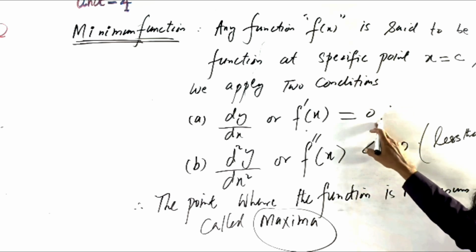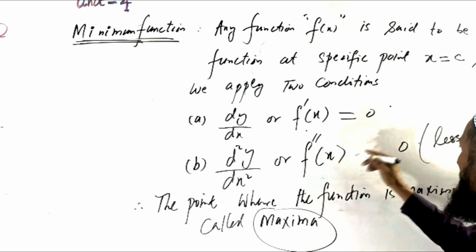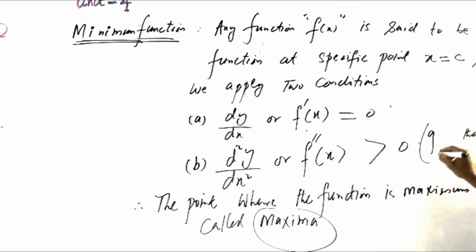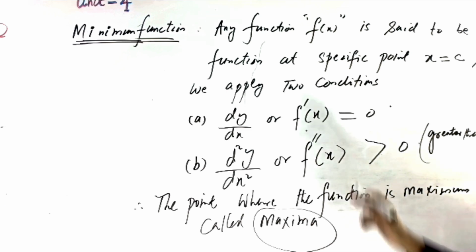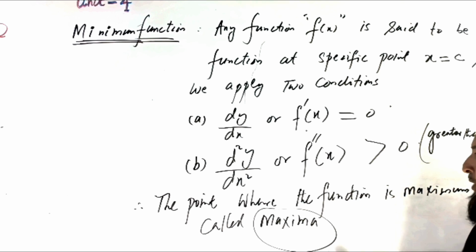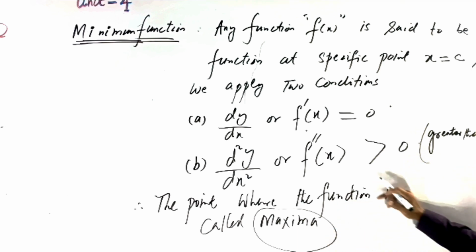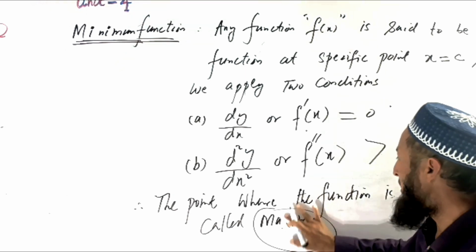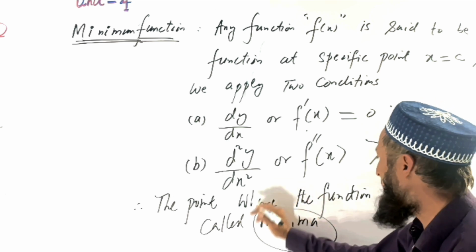The first condition is 0 and the second condition must be greater than 0. So that is called a minimum function. And the point where the function is minimum is called minima.